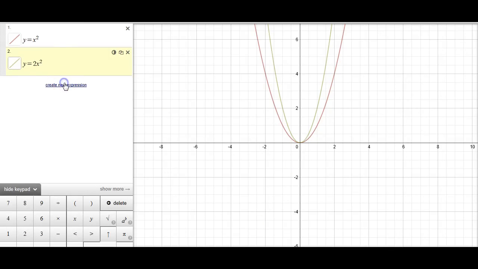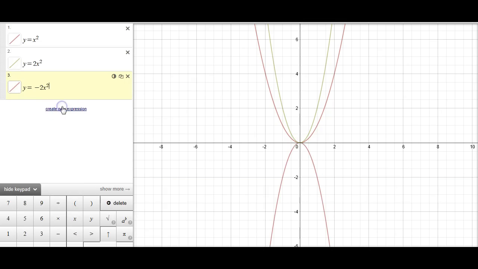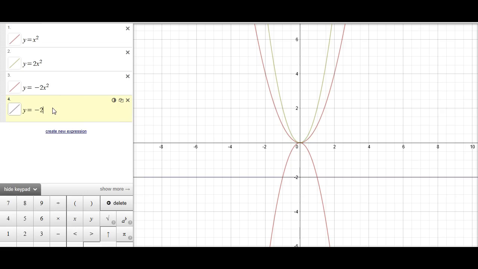Let's create a new expression. We then reflected. We got y equals negative 2x squared. So there it is opening down. And finally we did the two transformations, giving us y equals negative 2 bracket x plus 3 bracket. You won't see anything happen until we get the squared on.